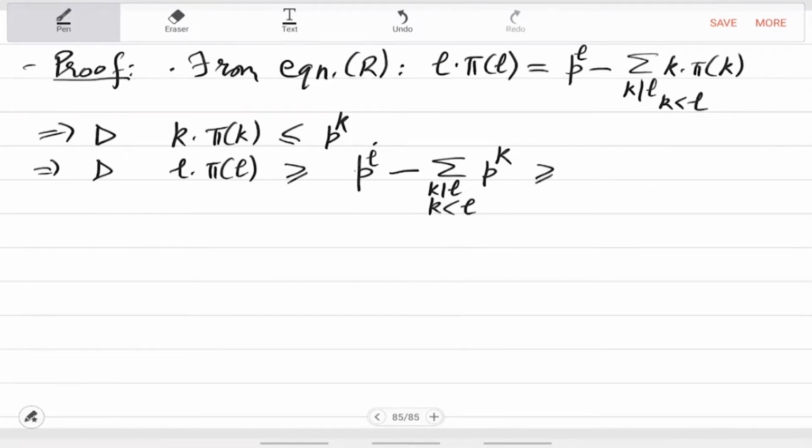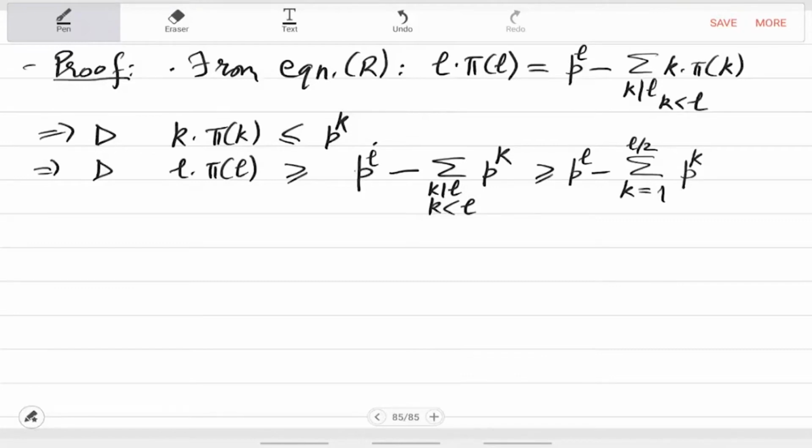Which is greater than or equal to p raised to L minus the sum, so we can overestimate the sum for all k from 1 to L by 2, and that will give you the result.